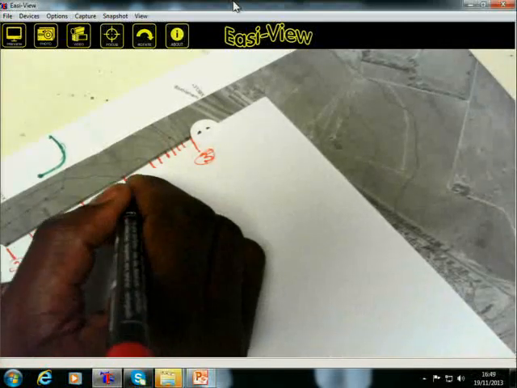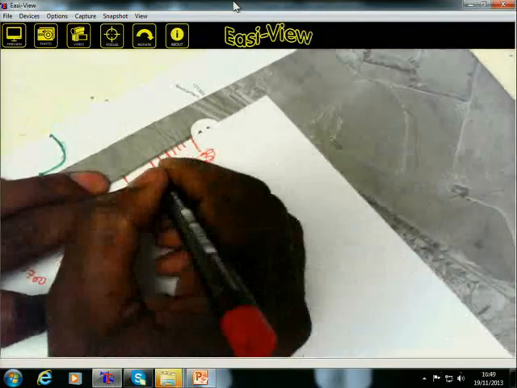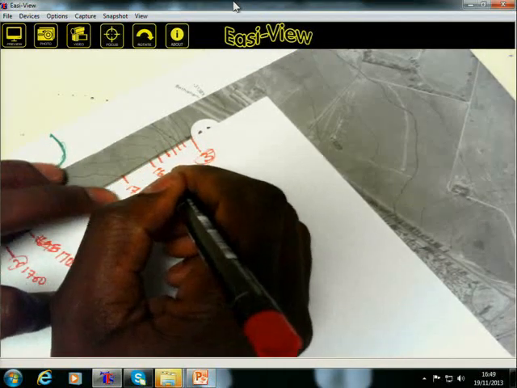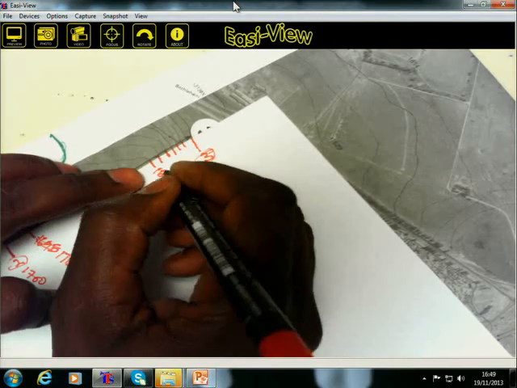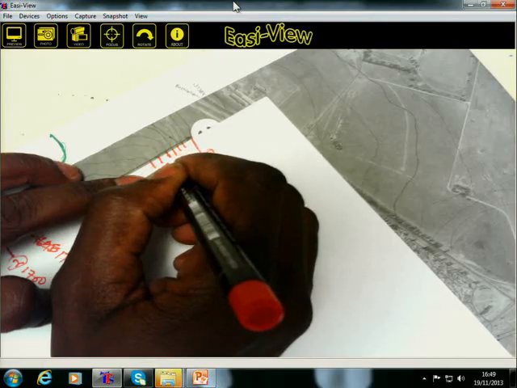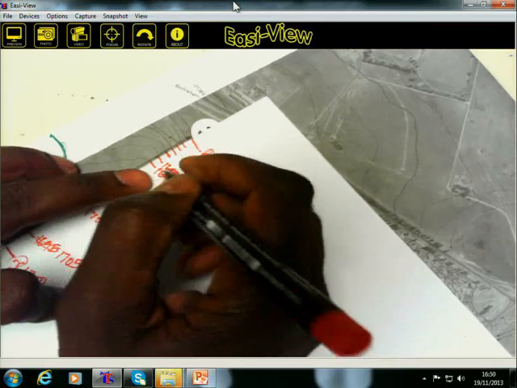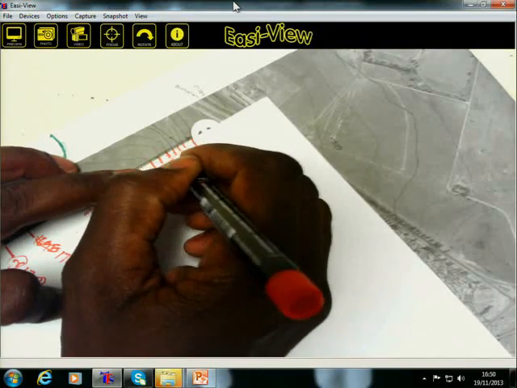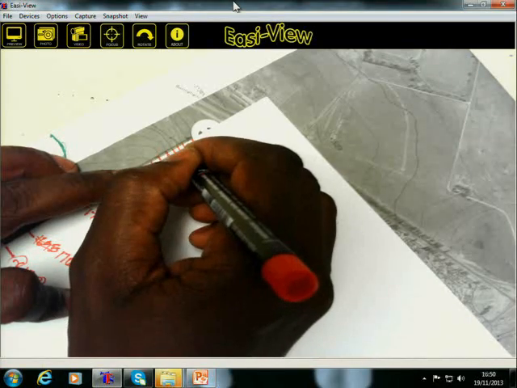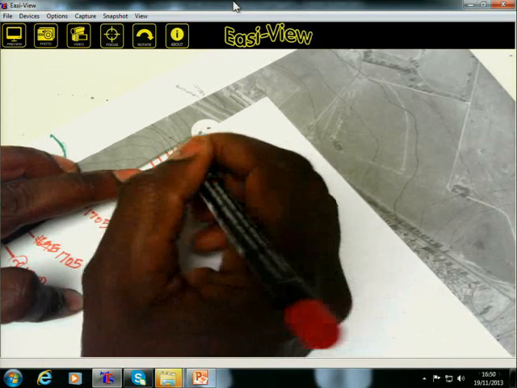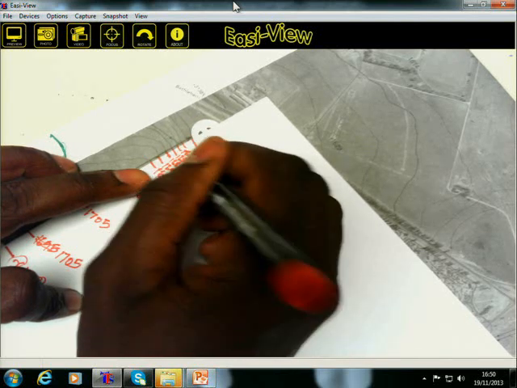Then you get your 1700. Less by 5, you get 1695, and then 1690, 1685, and then 1680, and then 1675.